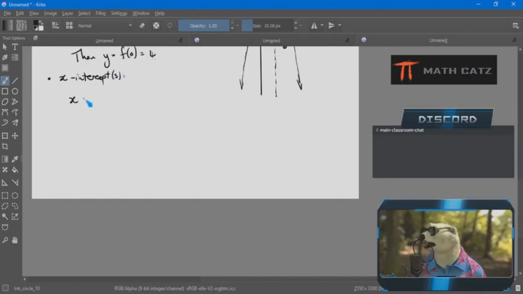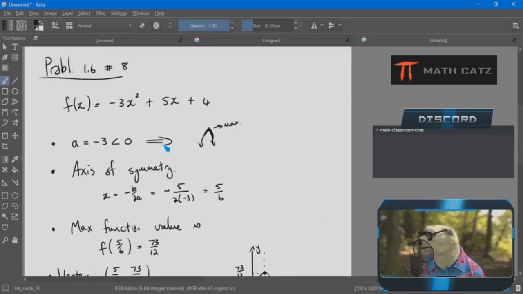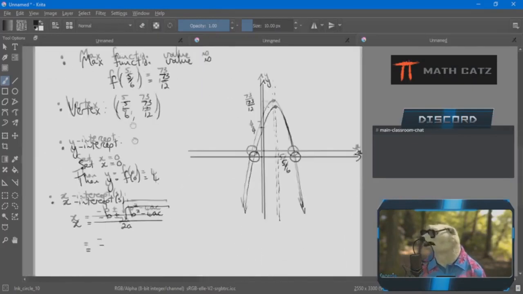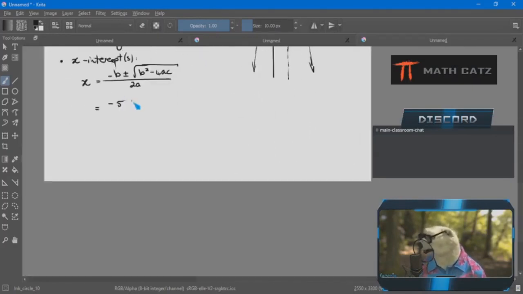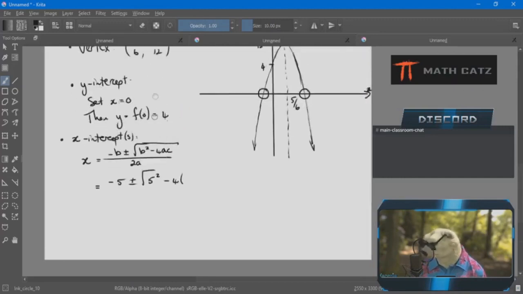So it's going to be x equals negative b plus or minus square root of b squared minus 4ac over 2a. Okay, now let's plug it in for this specific situation. I have to scroll up to remember what is b. It is a 5. So negative 5 plus or minus square root of 5 squared minus 4 times, what was a?